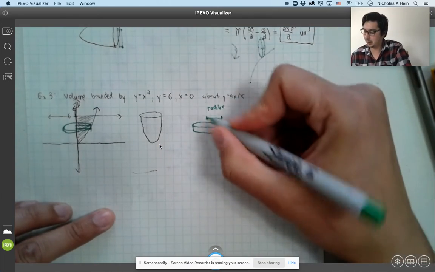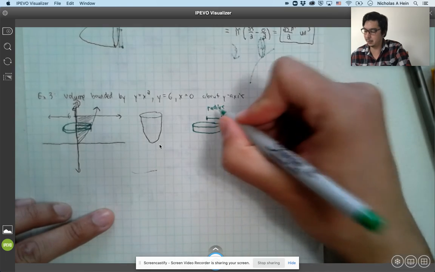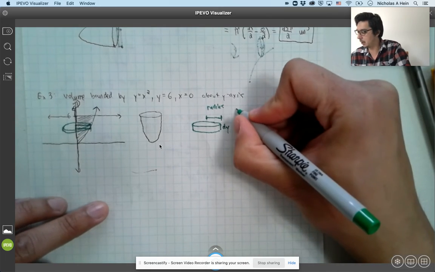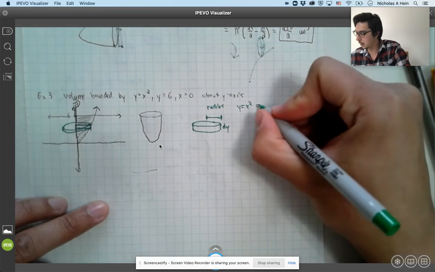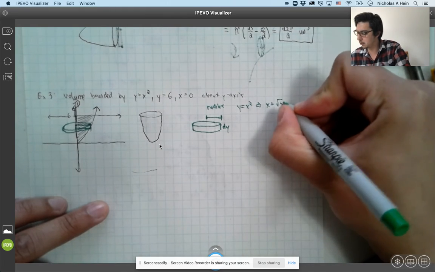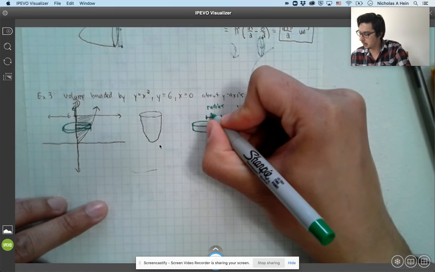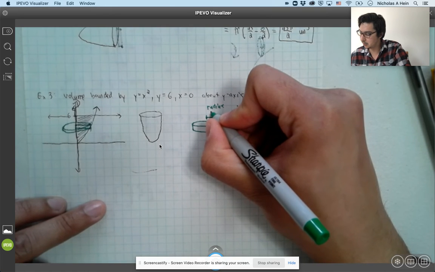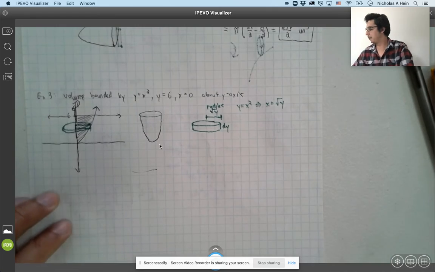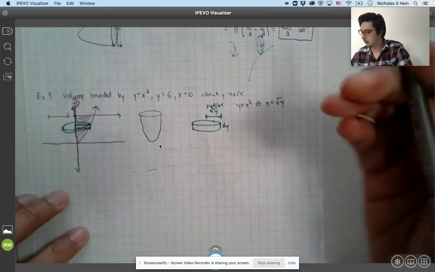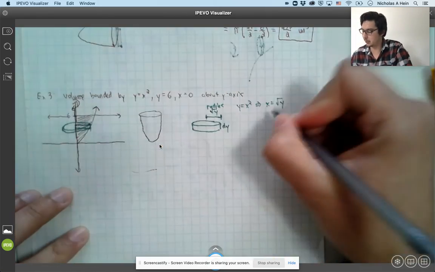So our radius, since our thickness is in y, will also be in terms of y. So if we look at our radius, y equals x squared, and we solve for x in terms of y, we'll get x equals root y. So our radius here is root y. Okay. So again, that's just the function in terms of y.